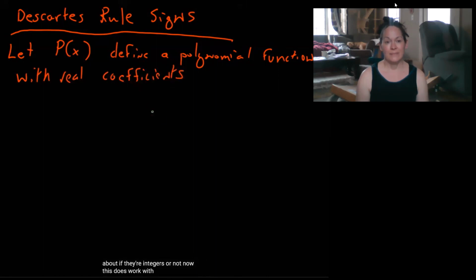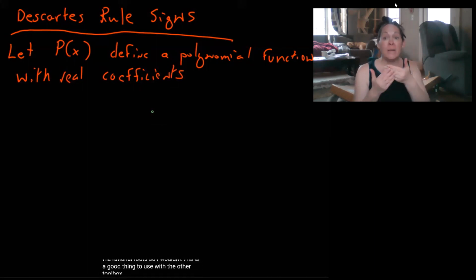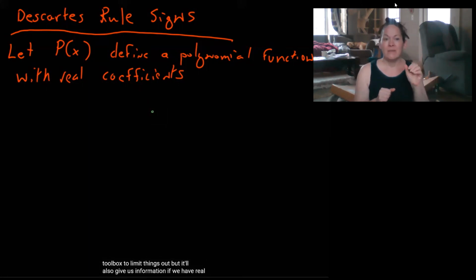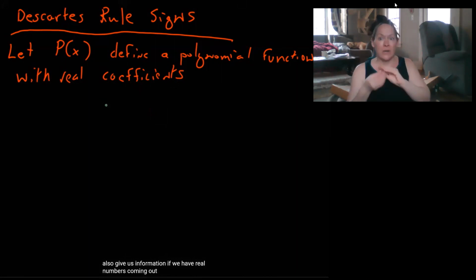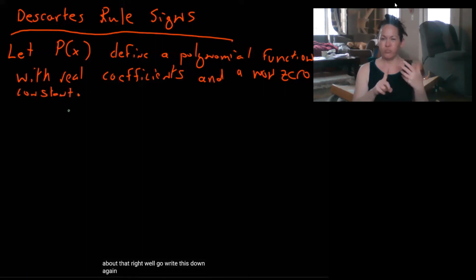Now this does work with integers and the rational roots. This is a good thing to use with the other toolbox to limit things out, but it'll also give us information if we have real numbers coming out. And a non-zero constant. And I want to say something about that. I'll write this down. Again, this is on page 307 in the book.